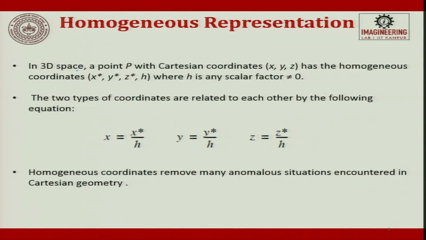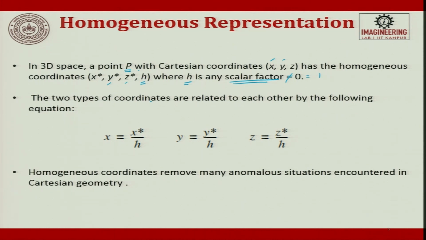In 3D space, a point P with Cartesian coordinates x, y, z has the homogeneous coordinates x star, y star and z star with a term called h, where h is the scalar factor, which should never be equal to 0. Normally we take the value of 1.